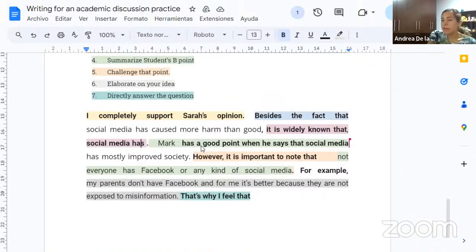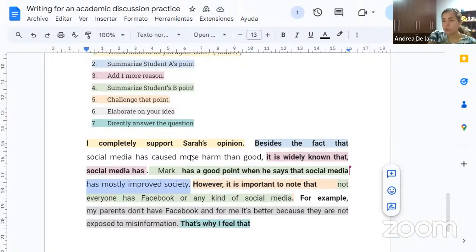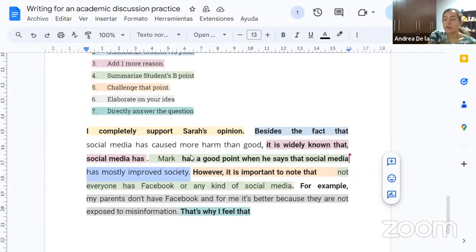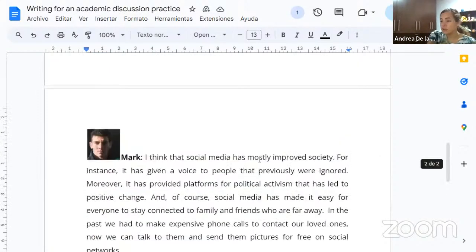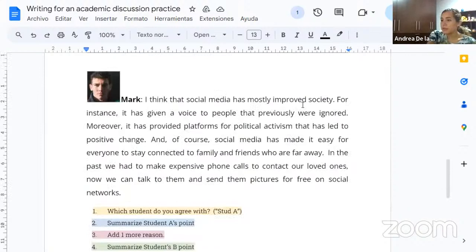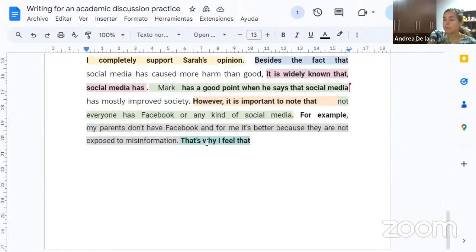Now we have Mark has a good point when he says that social media has mostly improved society. So same thing here. This is his opinion, right? But you don't want to talk about his opinion, you want to talk about his reason. So you would have to say Mark has a good point when he says that social media has, I don't know, given people a voice or has enabled people to express their opinions more freely, for example.